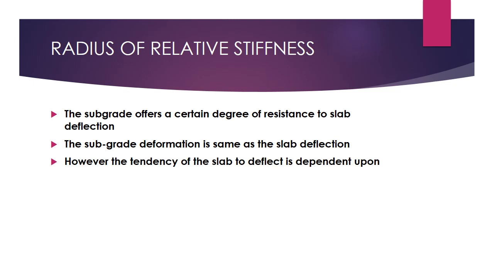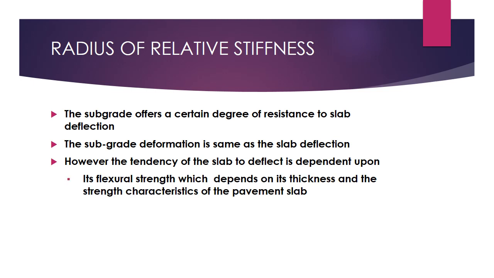What amount of deflection is occurring, that amount of deformation is going to happen in the subgrade. However, the tendency of the slab to deflect is dependent upon its flexural strength, which depends on its thickness and the strength characteristics of the pavement. The flexural strength is again dependent upon the thickness and the strength characteristics of the slab.